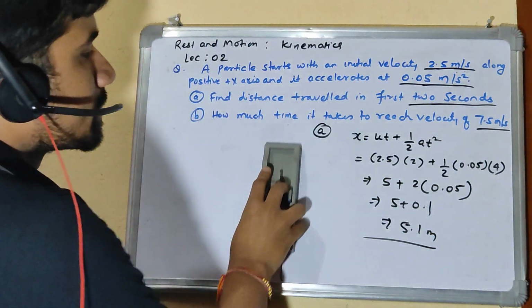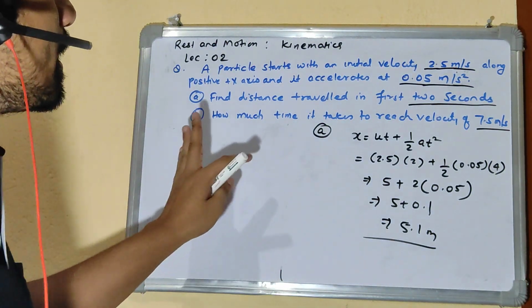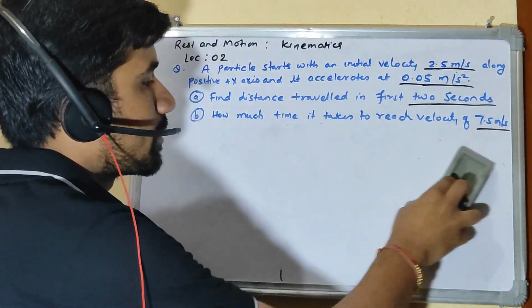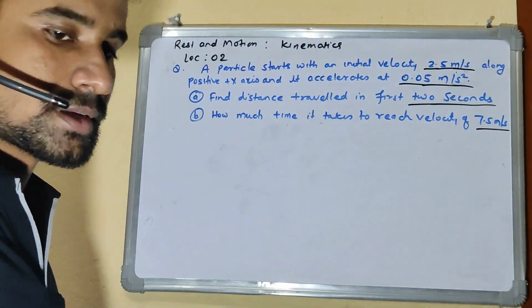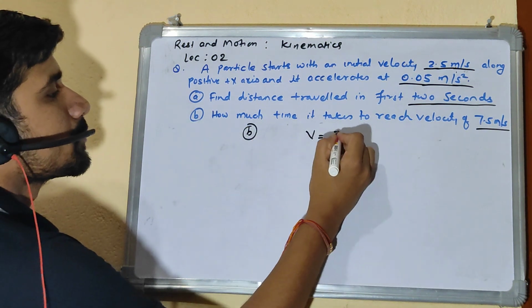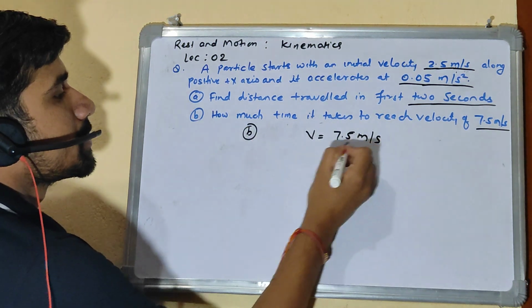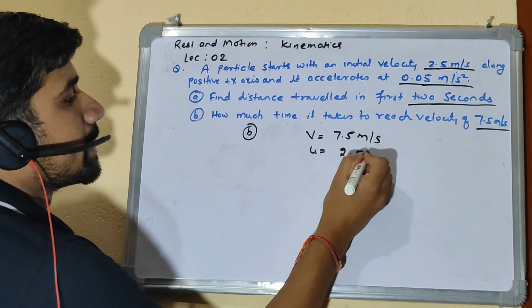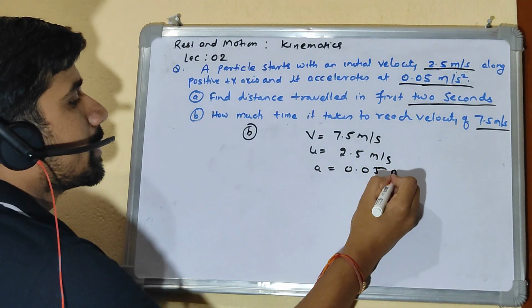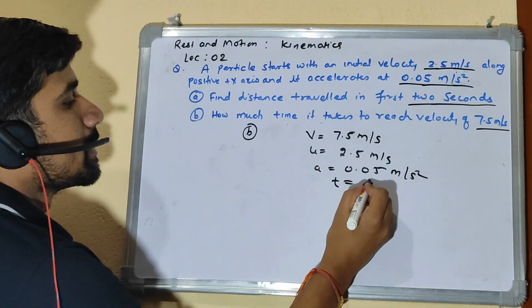Another part says we need to find the time it takes to reach a velocity of 7.5 meter per second, right? 7.5 meter per second. So to solve the B part, again I know what? I know the final velocity is 7.5, initial velocity is 2.5, acceleration is 0.05. I need to find what is t. It's very simple.